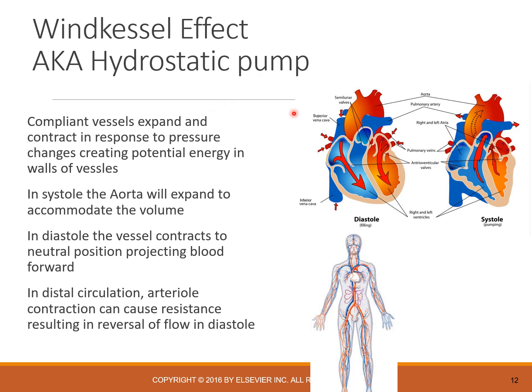And how it happens is it's just based off of potential energy. So as the left ventricle of the heart contracts and ejects that flow, you can see that our aorta is going to be expanded as that flow gets injected into the aorta. So as that aorta expands, it's going to take on that expansion like a potential difference.